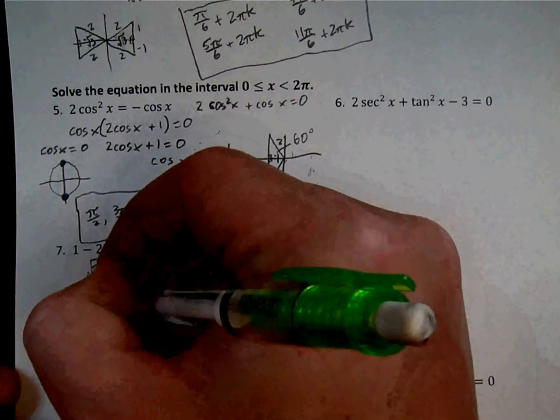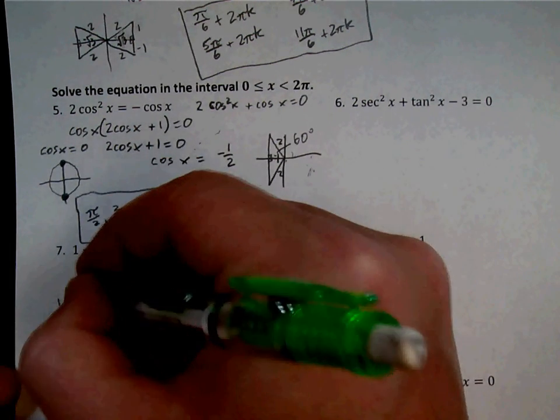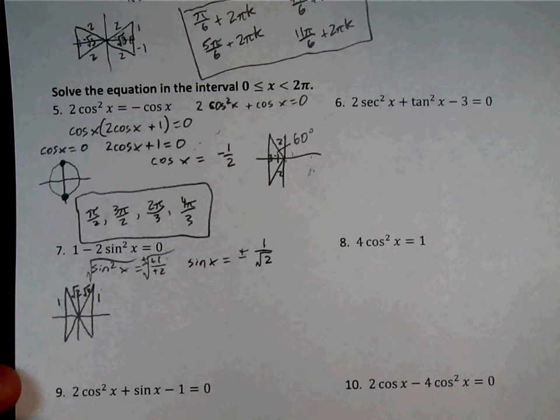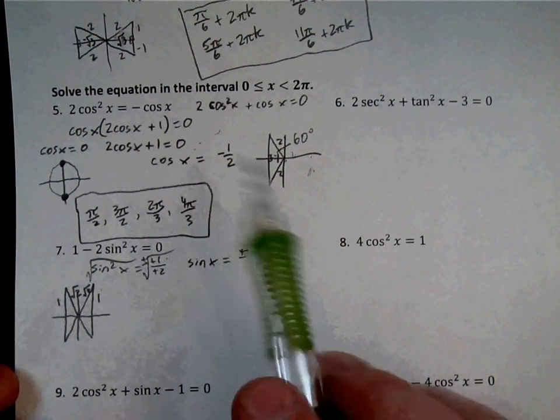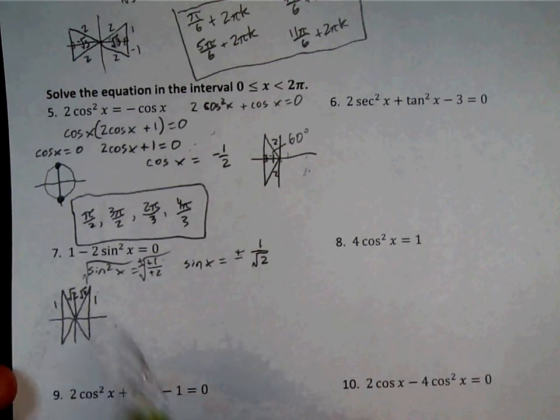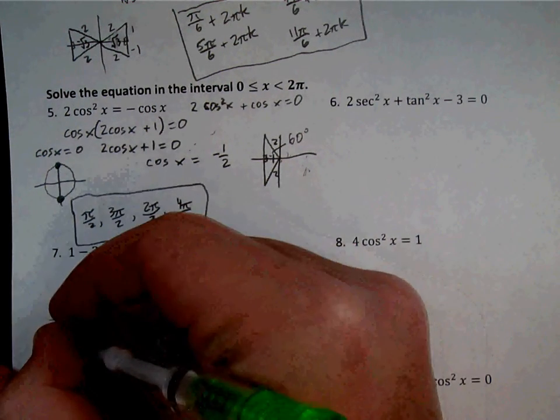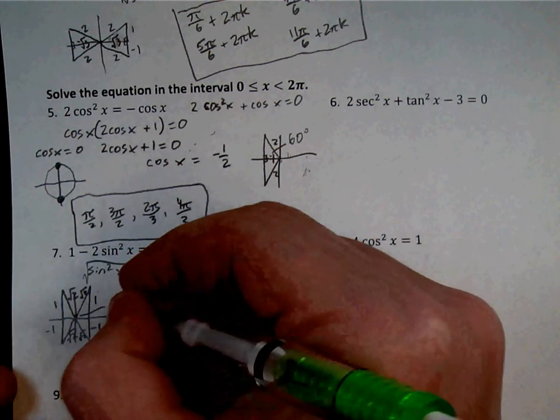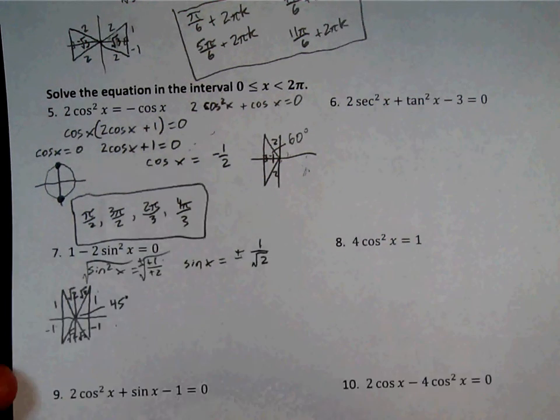So my opposite would be 1 in both of those cases with a hypotenuse of square root of 2. You'll see I drew my picture. My picture is not drawn to scale. It was actually a 45, 45, 90 triangle. So don't worry about the fact that my picture is not drawn right. It doesn't matter. Sine's negative in these 2 quadrants, so my opposite would be negative 1, square root of 2, square root of 2. So my reference angle in these problems is 45 degrees, or pi over 4.